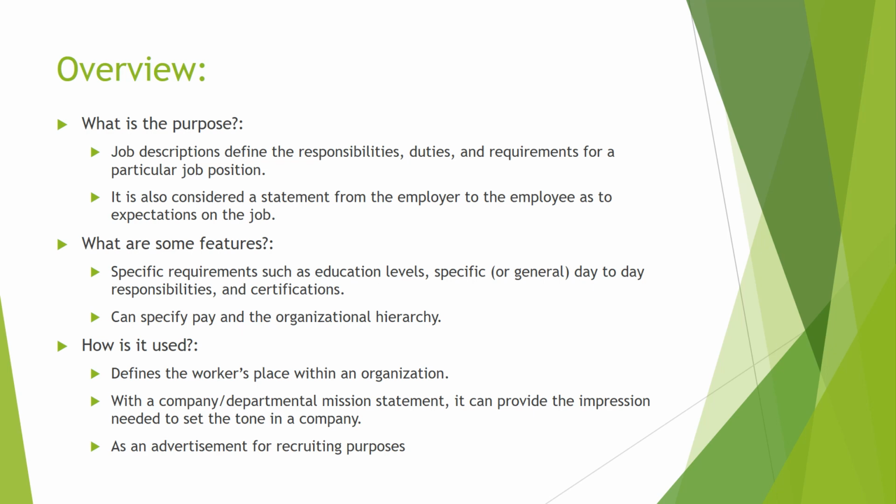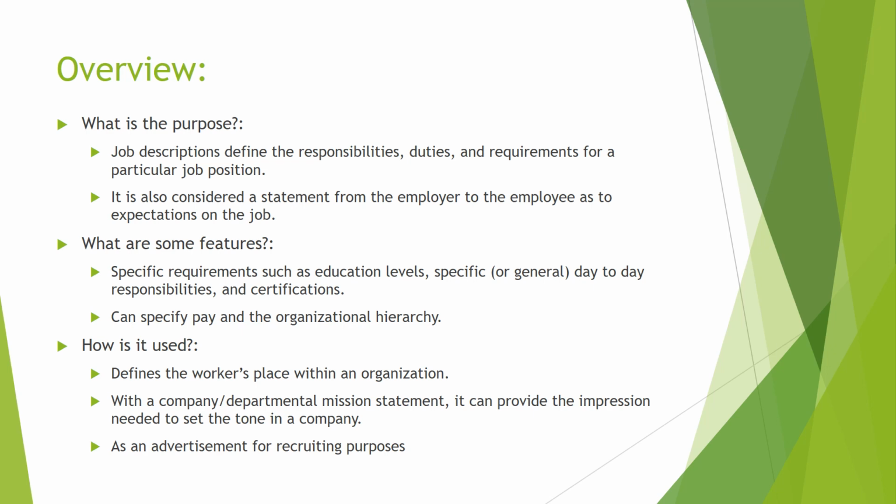How can they be used? Well, they can define a worker's place within an organization, not just as far as hierarchy is concerned, but when we use that mission statement that we're talking about here in a second, it could also help define what they are as far as representing the company. So we want to include those mission statements, and it can provide that impression needed to set a tone within a company.